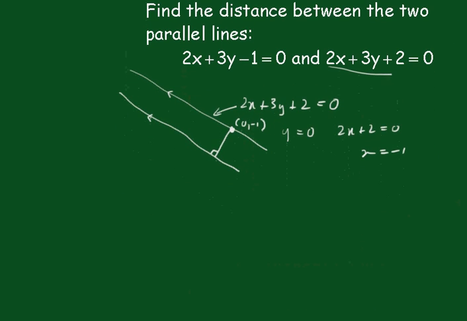Okay, here we go. So my x1 equals -1, my y1 equals 0, my a equals 2, my b equals 3, and my c equals -1.